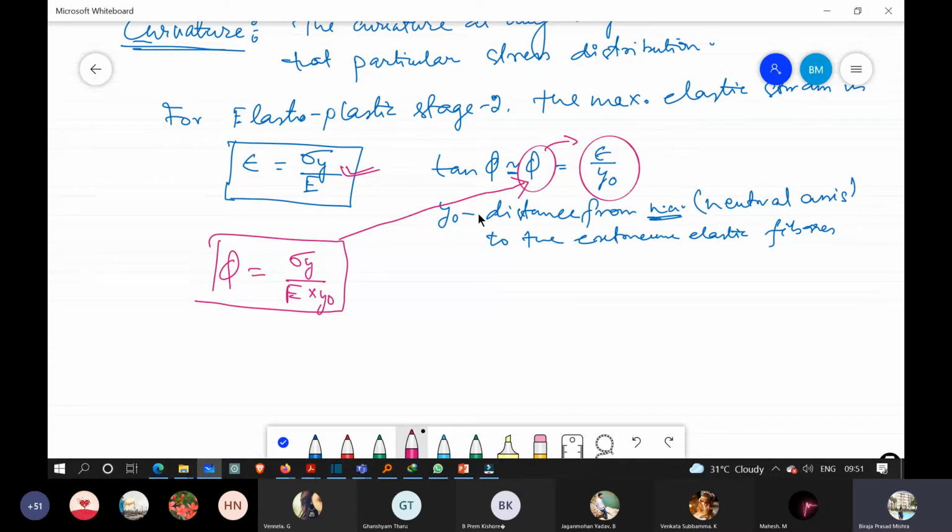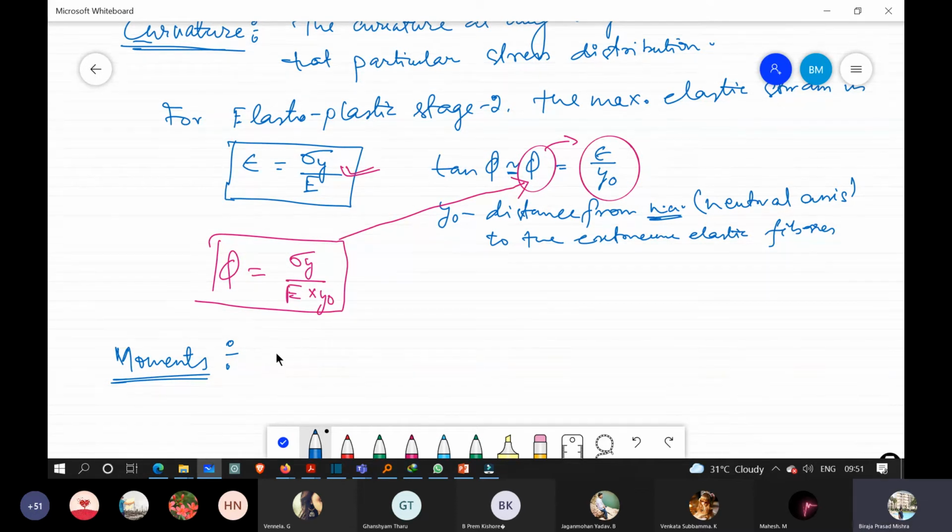Okay, now let's talk about the moment. Here I may write moment. All these we are considering with respect to the plastic bending of a rectangular beam.